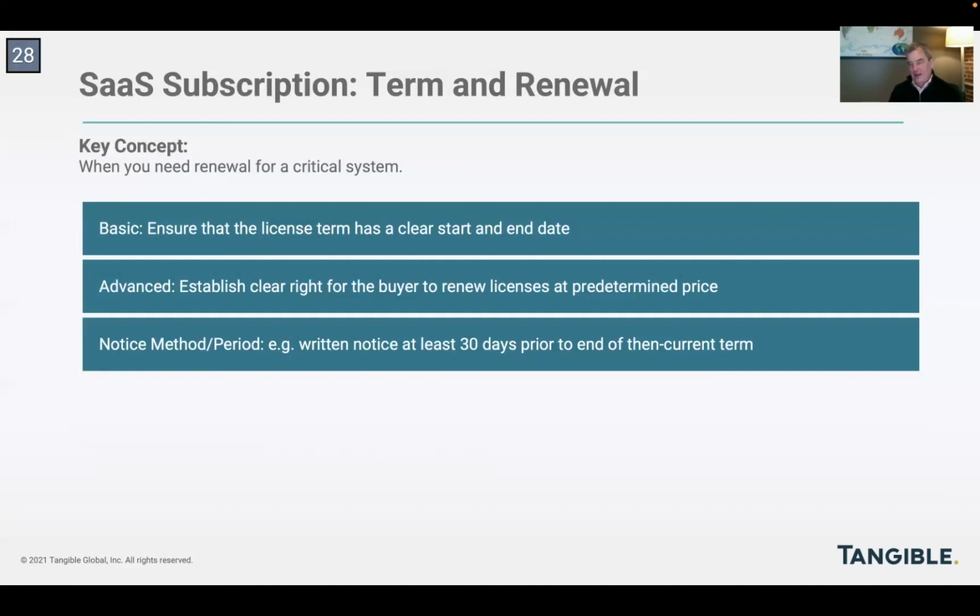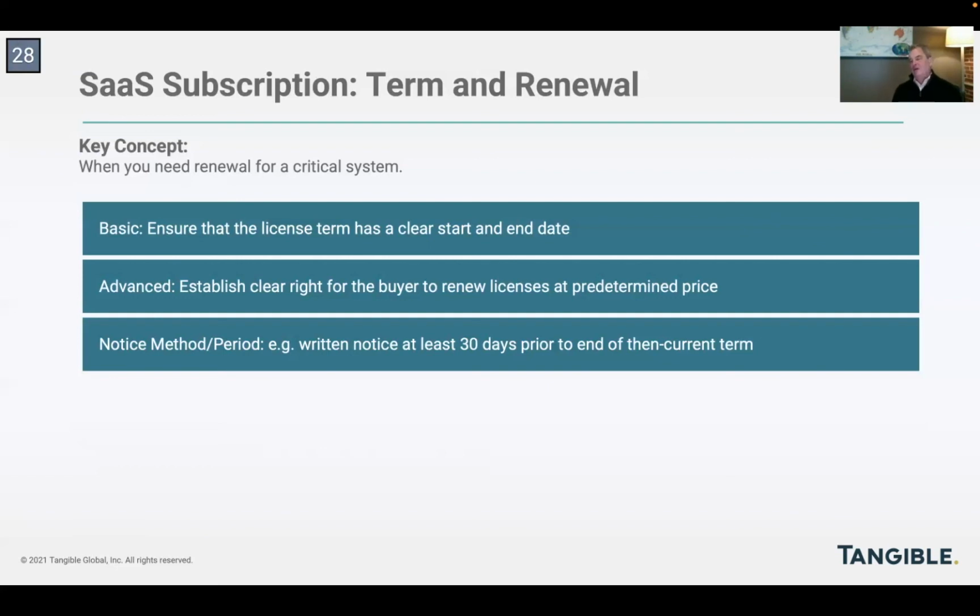Similarly, you should understand, and the order should reflect, what happens at end of term of that order. Are there renewal rights? Often there should be renewal rights, and if there are renewal rights on the part of the customer, what's the pricing and other terms that are applicable to those renewal rights? But most importantly, what is the pricing that is applicable to those renewal rights?